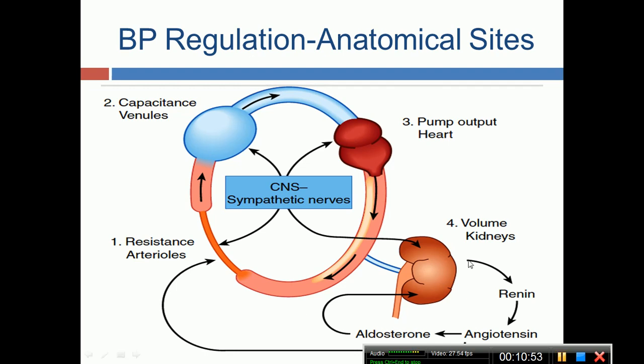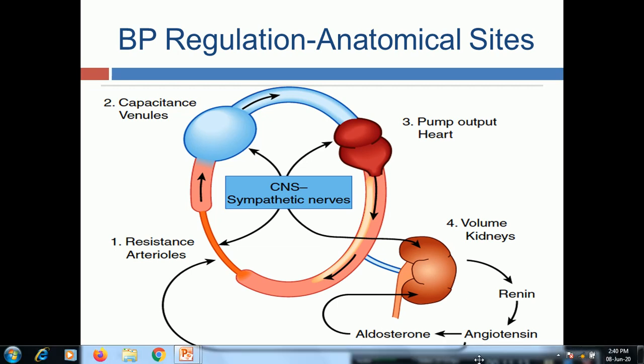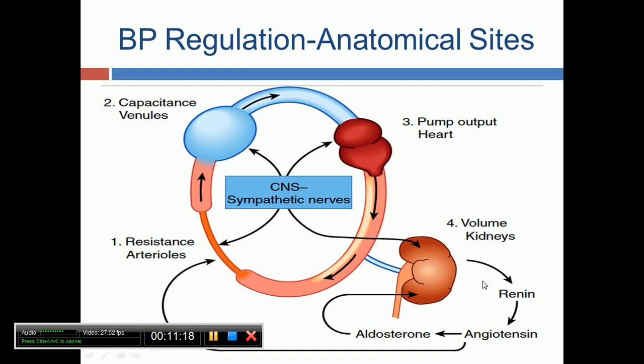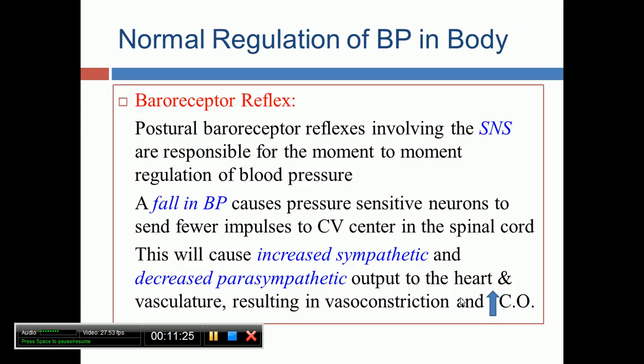The fourth and most important anatomical site is the kidney, the volume of fluid that the kidney can retain or excrete whenever required. This is done through the renin-angiotensin system, which we will study in detail when we study ARBs and ACE inhibitors.